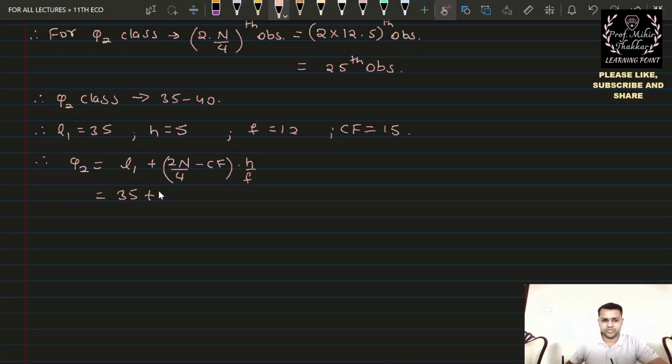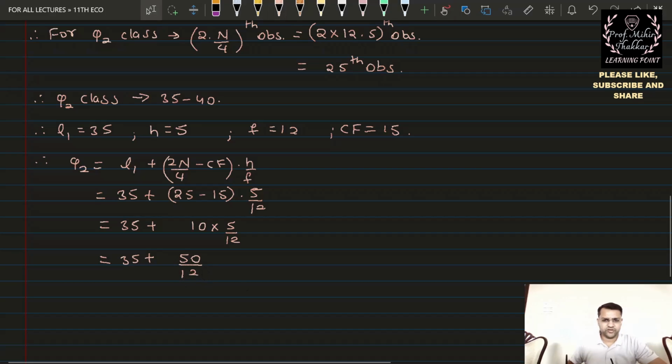L1 is 35 plus (2n upon 4 is 25 minus CF, which is 15) multiplied by 5 upon 12, which is 35 plus 10 into 5 upon 12, which is equal to 35 plus 50 divided by 12. On dividing 50 by 12, the answer that you will get over here is 4.16.